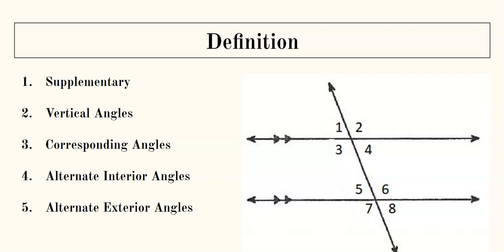The fifth definition we went over is alternate exterior angles, which are the angles on the outside of the parallel lines, so 1 and 2, and 7 and 8. Similar to the interior angles, the ones alternate from the transversal are the same. So angle 2 and angle 7 are the same, and angle 1 and angle 8 are the same as well.